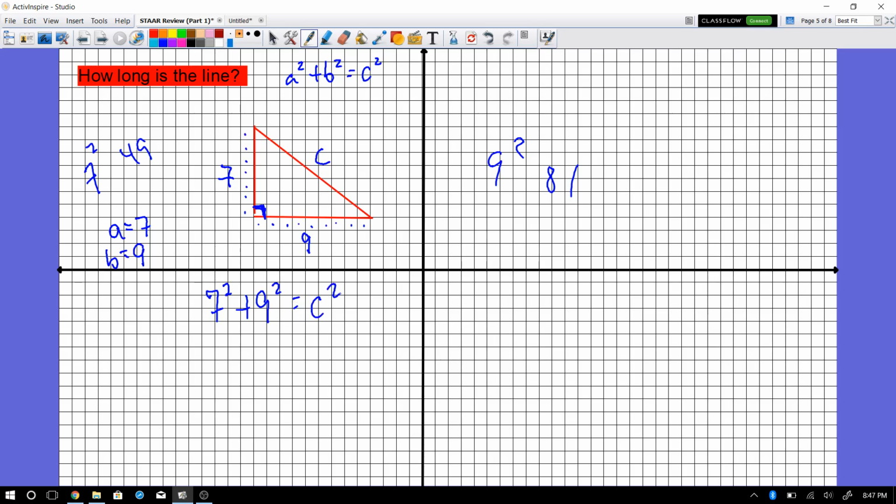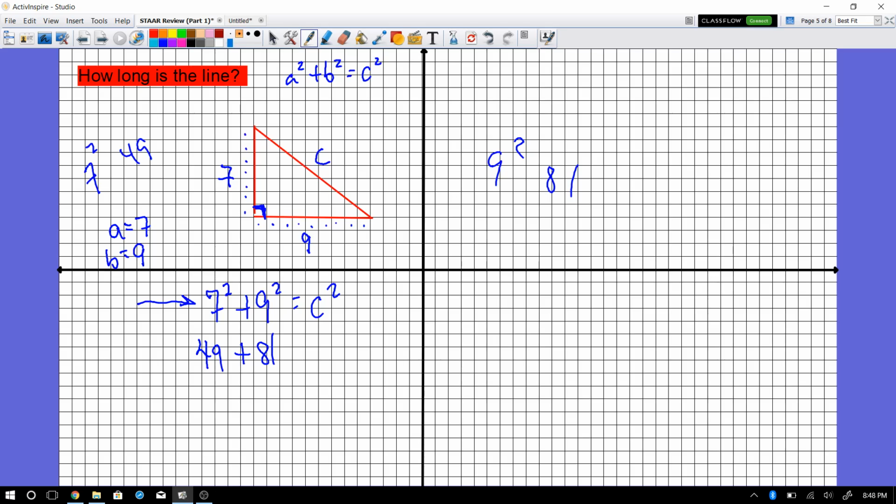It'll pay off in the long run whenever you read the question and then you look at the answer choices. This might be an answer choice. You don't have to go through the whole thing solving the problem. It's just which one is the proper way to set it up. So 49 plus 81 should give you 130.